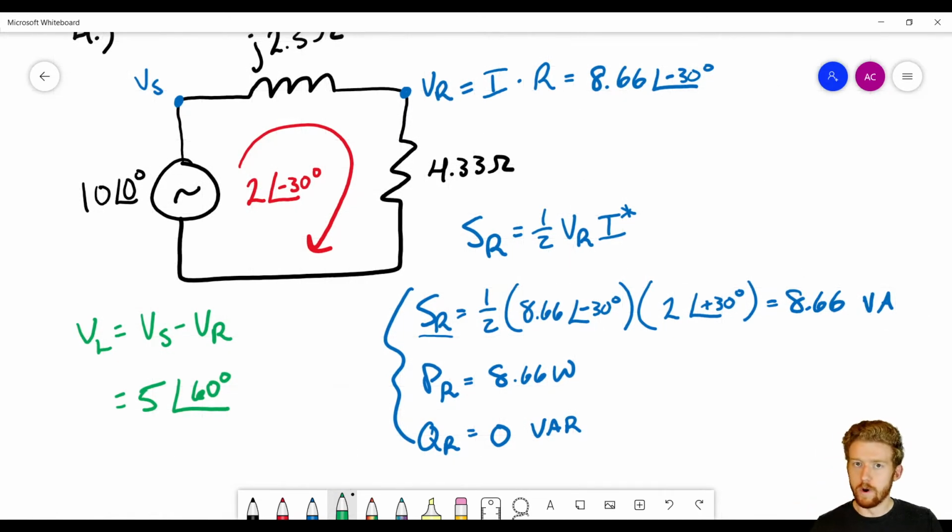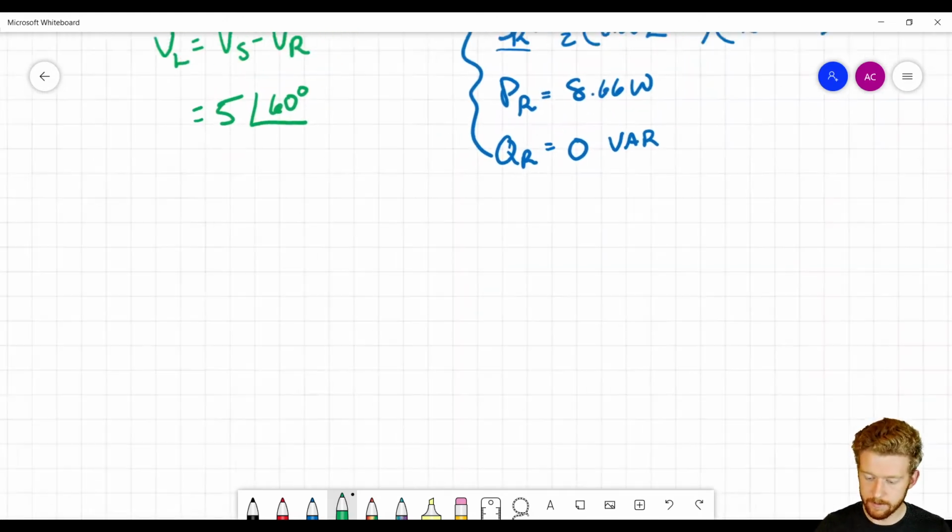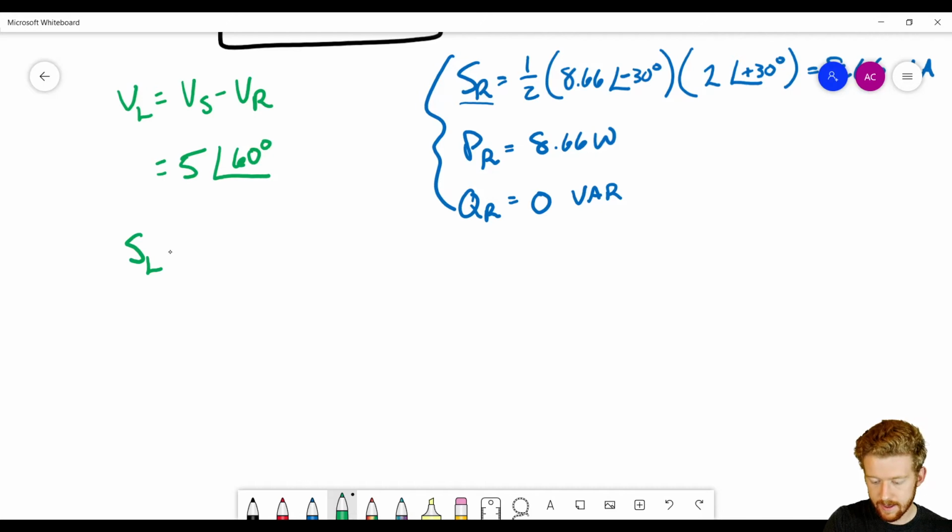Now, what is the current through that inductor? Well, the current is 2 with an angle of minus 30. So the current is lagging the voltage, which is what we expect for an inductor, right? We expect current to lag the voltage, so we're making sense there. Let's calculate the power for the inductor. So SL, the apparent power for the inductor, is equal to 1/2 VL times I conjugate.